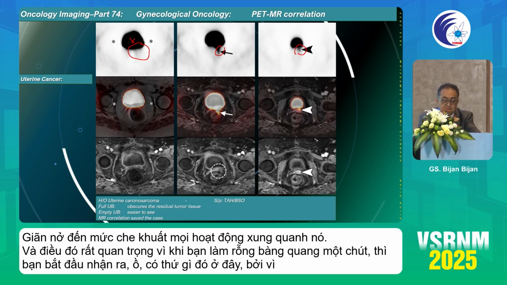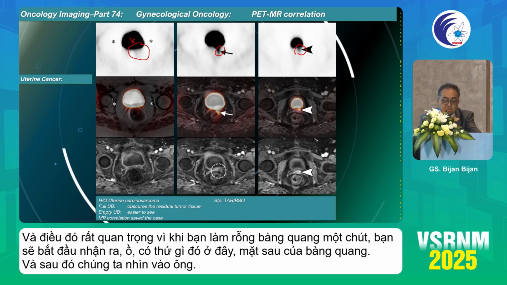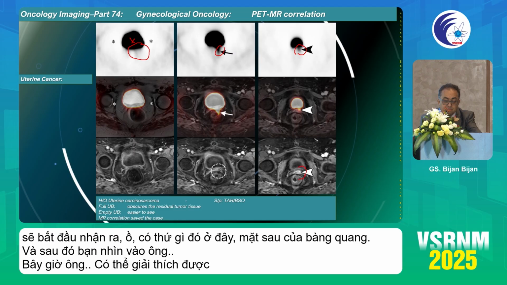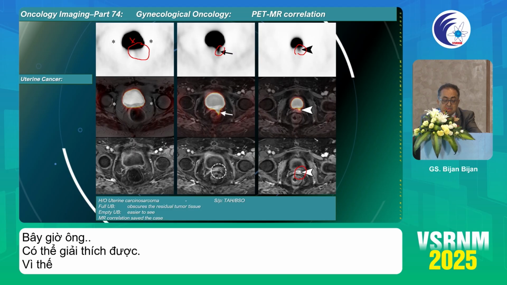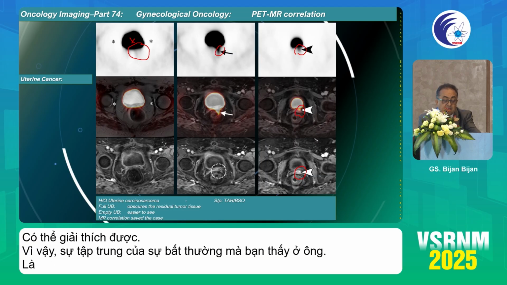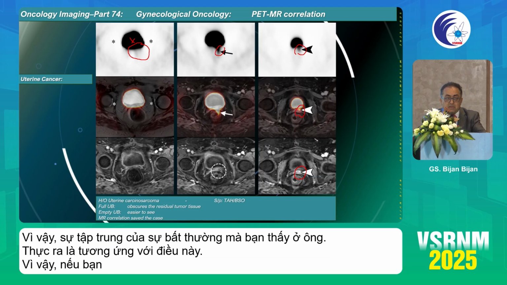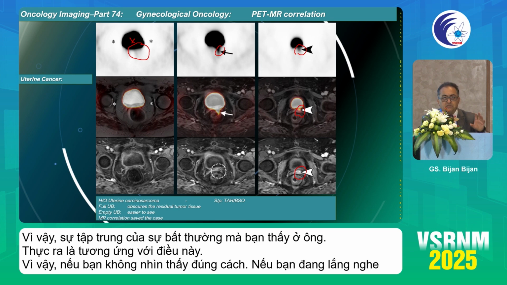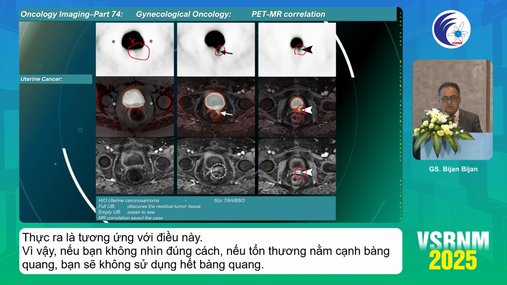And then when you look at the MR, now the MR can be explained. This focus of abnormality that you see on the MR corresponds to this. So if the lesion is next to the urinary bladder, do not use a full bladder. You're going to miss it on the FDG.